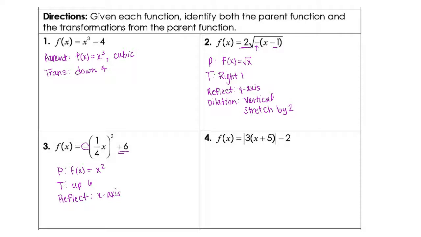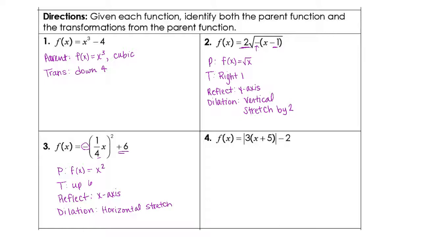And then, since we have a 1/4 on the inside, we do have a dilation. And with that dilation, notice it being on the inside, it looks like that we are going to have a horizontal, and that's going to be a stretch because on the inside it's opposite of what we would think.